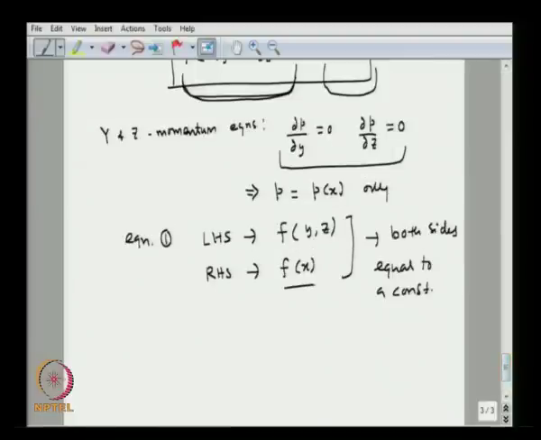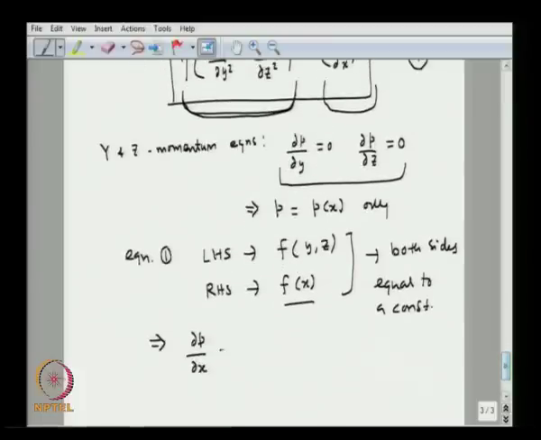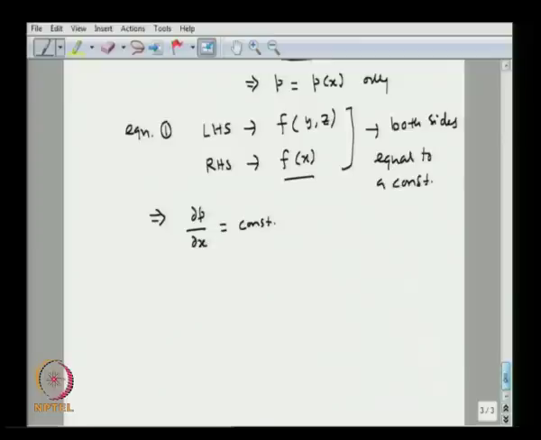So, in that case, we can say del p over del x, which is the right hand side, is a constant. What does that mean? That means that pressure varies linearly along x, right. Now, we have the boundary conditions.